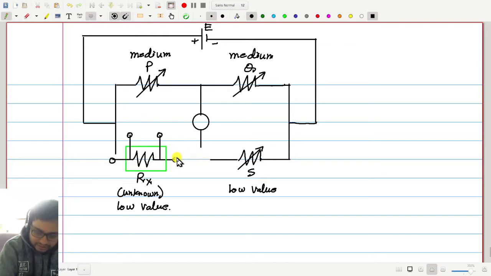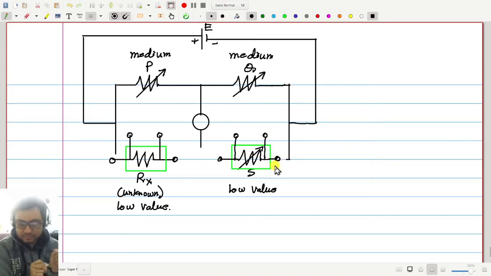Let me not connect it yet. Now we know that whenever we connect anything to any of these leads, there will be problematic resistances coming here.